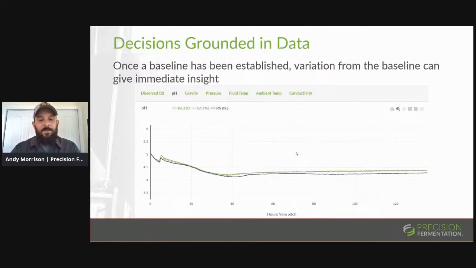But that pH graph that I talked about, where we were able to look at flavor impacts of a specific graph. I'll let you guys guess as to which one of these three fermentation batches, 95, 96, or 97, could have been the errant graph from a sensory standpoint, and I'll come back to it in a little bit.